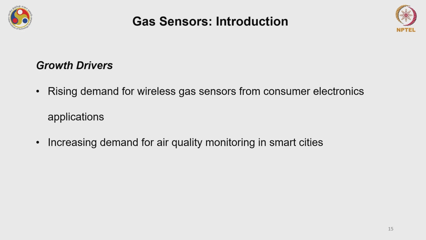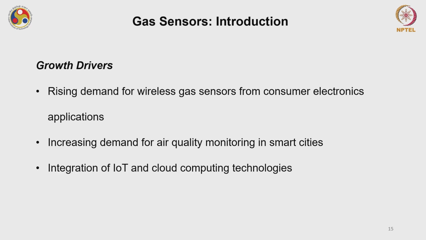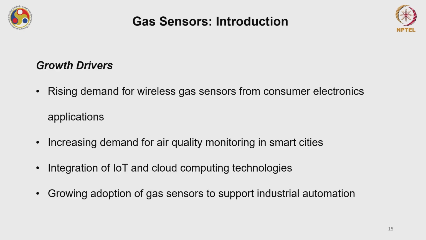Then air quality monitoring in smart cities is nowadays very common, particularly with wireless sensor networks, and it has increased demand for gas sensors. Then integration of IoT and cloud computing technologies is another growth driving parameter. And finally, industry automation has been acquainted with these gas sensors, and now they are an integral part of automation systems.